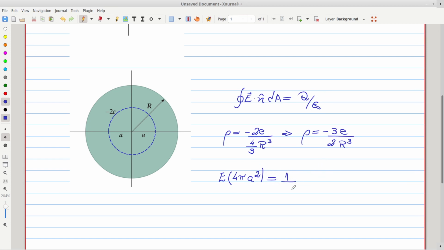So 1 divided by epsilon 0, the charge will be the charge density multiplied by the volume of the sphere.